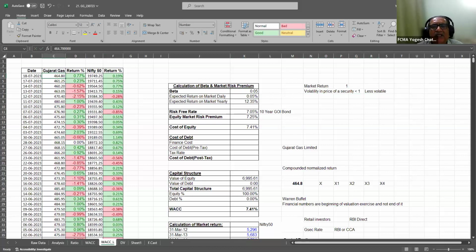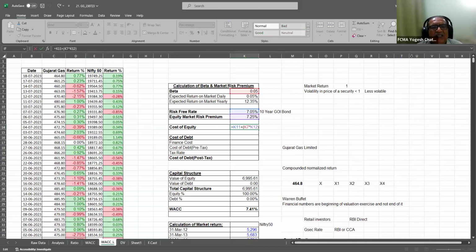The price movement in Gujarat Gas is less as compared to the movement in the Nifty 50 index, the change in the Nifty 50 index on a daily basis. So that is our beta. And then all others are actually formula driven. So cost of equity is the risk-free rate plus beta times the equity risk premium.